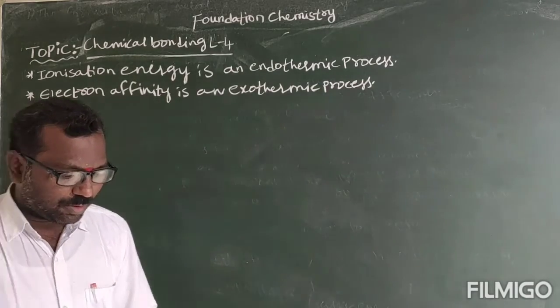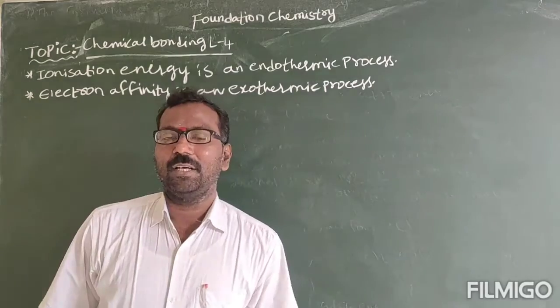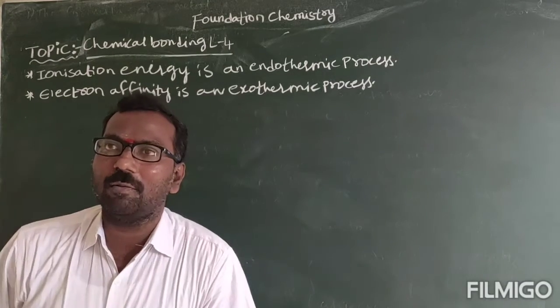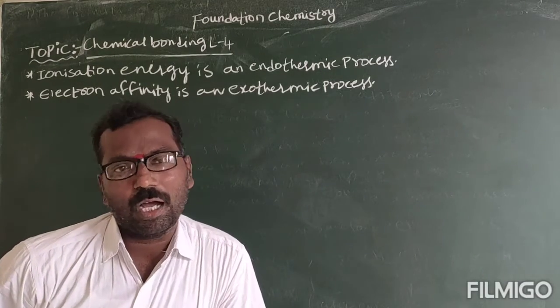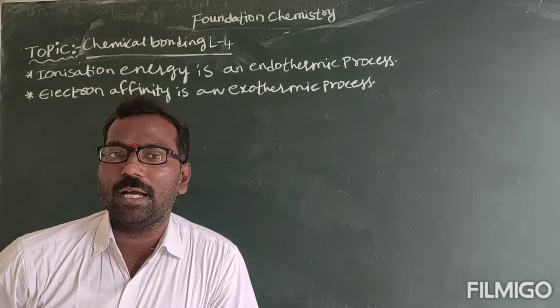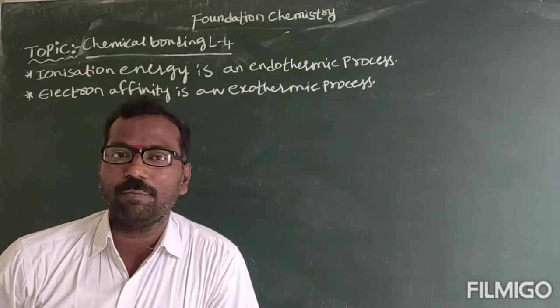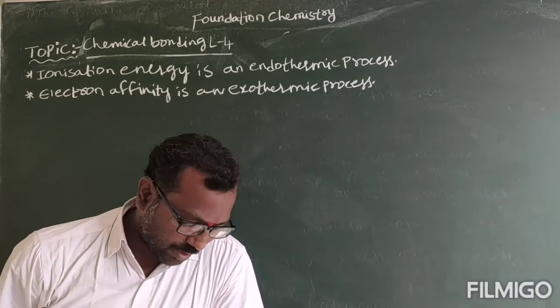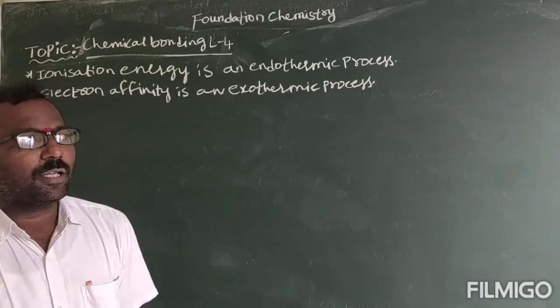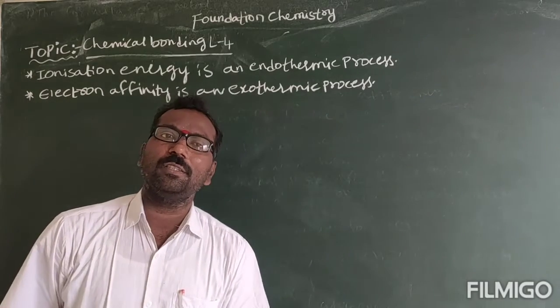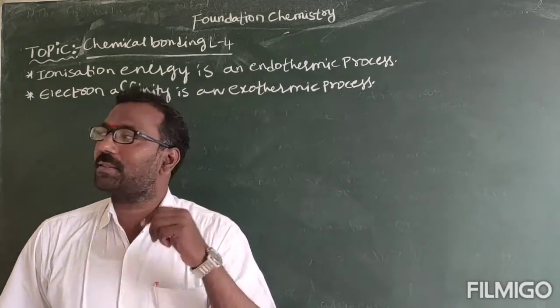Okay. Next, what we have? Lattice energy. So lattice energy is now depending upon what? Ion. The more the lattice energy, the more probability will be the ionic bond. Is it or not? So lattice energy means what? It is also the amount of energy released when a crystal lattice is formed.